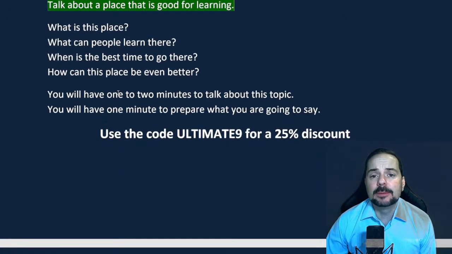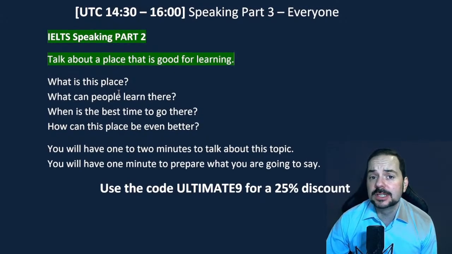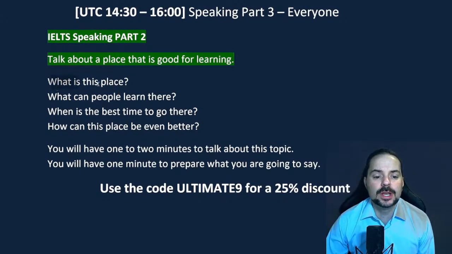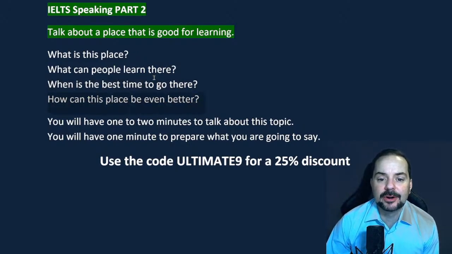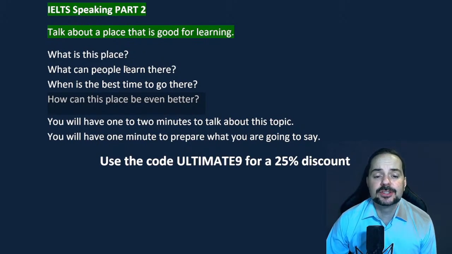So step number one is always to pay close attention to the cue card. What is this place? What can people learn there? When is the best time to go there? And how can this place be even better? You really have to focus your answer and structure it well.